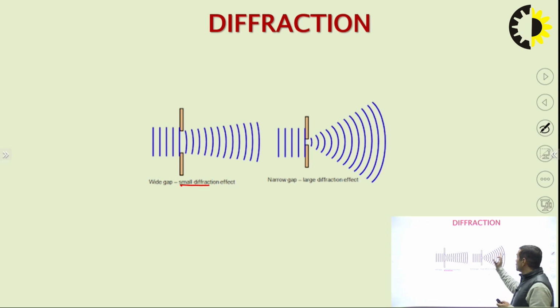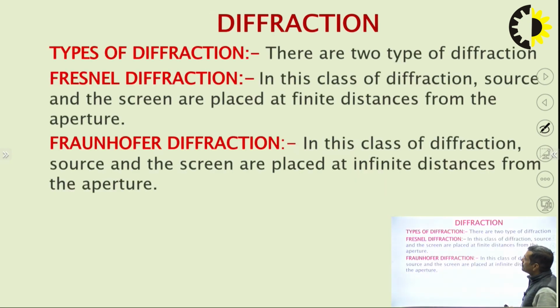In the second case, in case of a narrow gap, you will see more diffraction effects. So for diffraction, the wavelength of the light source should be of the order of the size of the aperture. Then you will see the maximum diffraction effects.